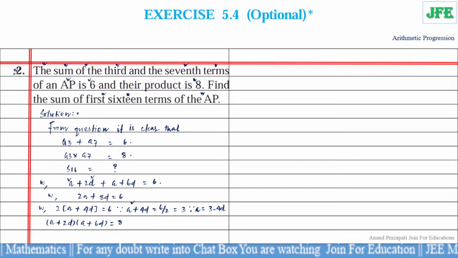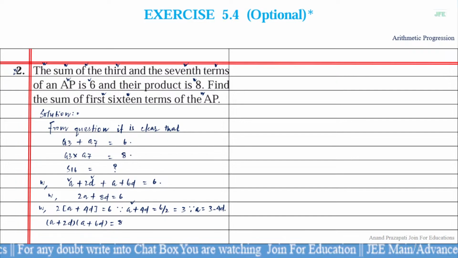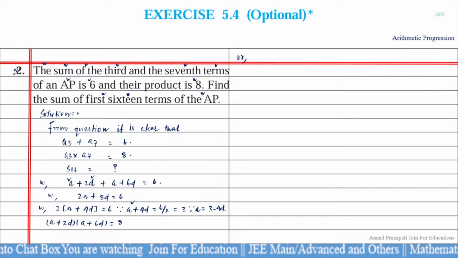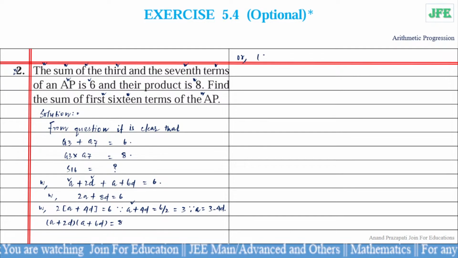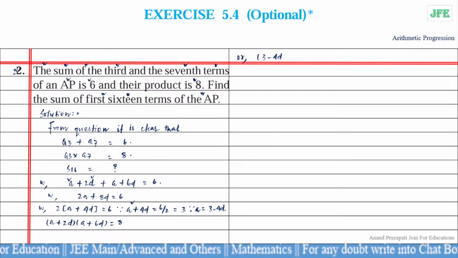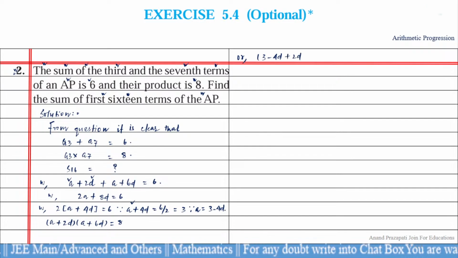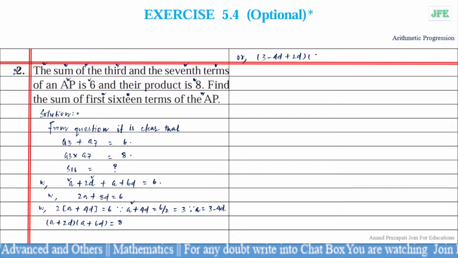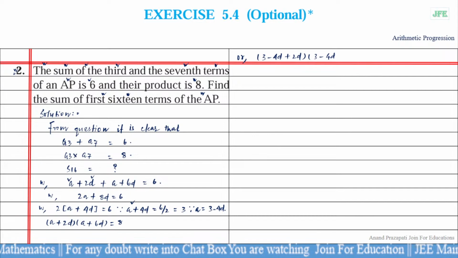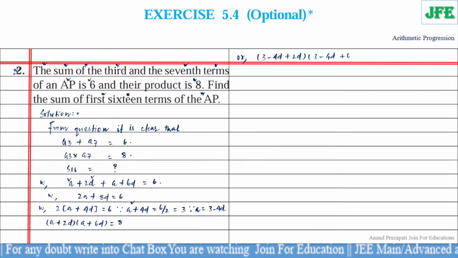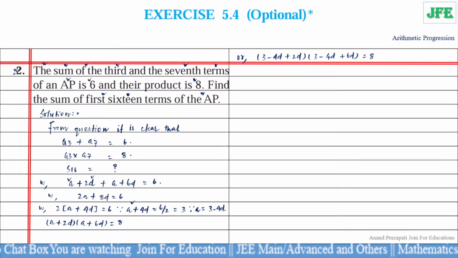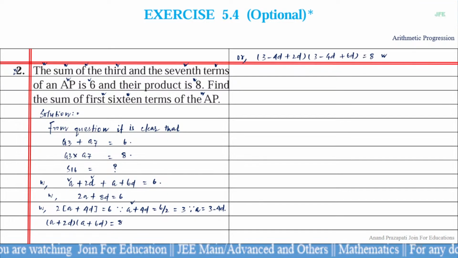Now putting the value of a, we get (3 minus 4d plus 2d) into (3 minus 4d plus 6d) equal to 8. Hope there is no problem to understand up to this step.